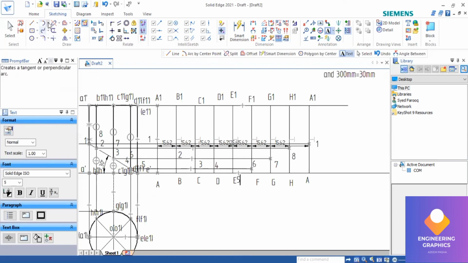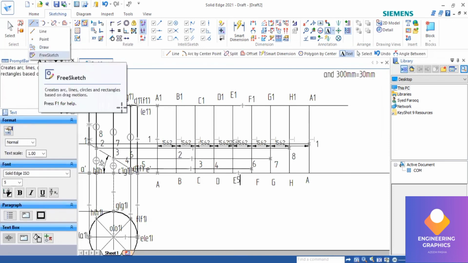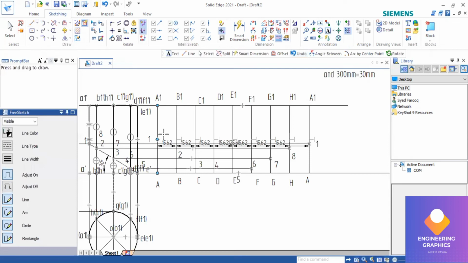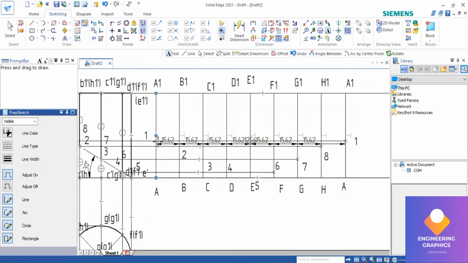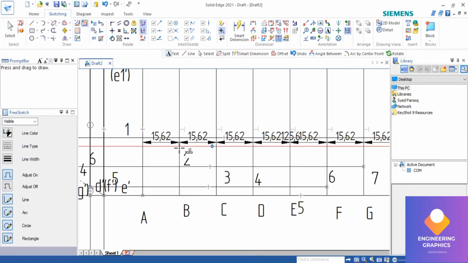Okay, now using the curve command we have to connect all of these from 1 to 1, that is 1, 2, 3, 4, 5, 6, 7, 8, 9. So using this curve command we have to do it. Okay, you have to use the curve command to make sure you join it correctly.